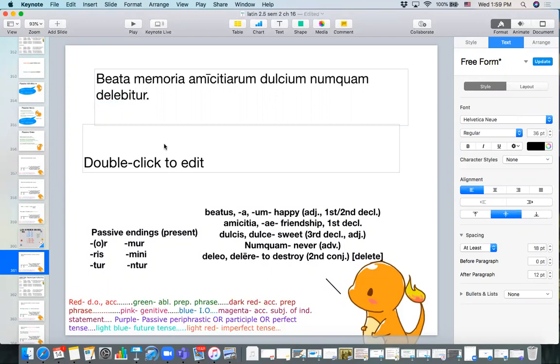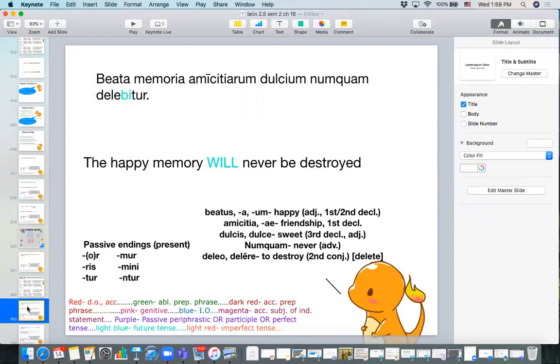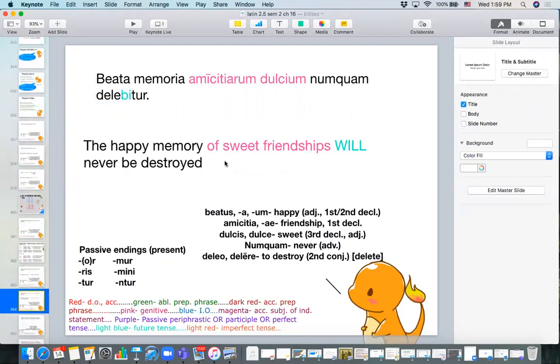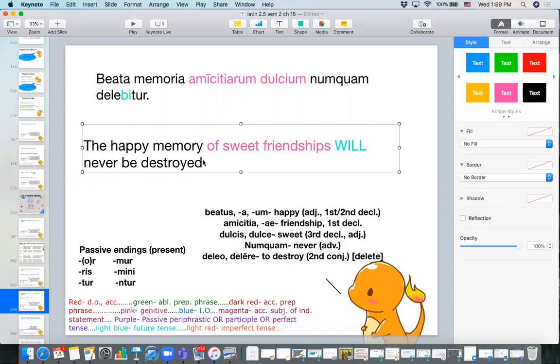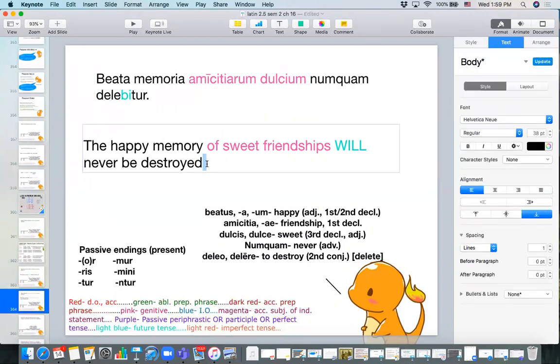But when we add the UR and it's passive, it's they will be destroyed, okay? And numquam is never, so it's they will never be destroyed, okay? This is a real Barney the dinosaur kind of sentence. It's not about anything actually destroying something. But you want to make sure you know how to make it sound passive.